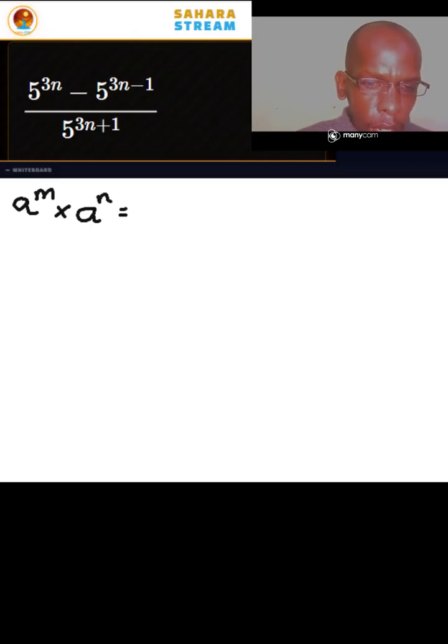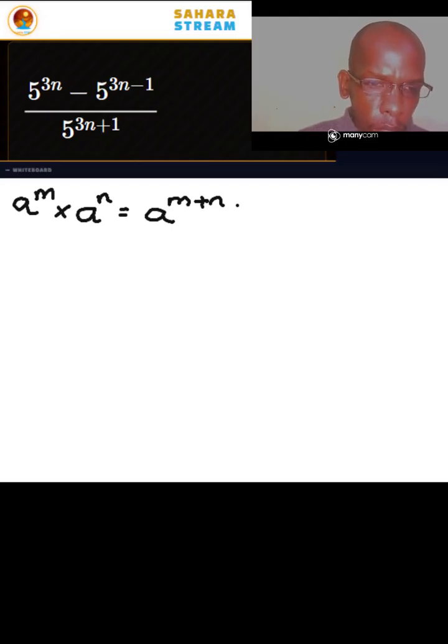This is the same as writing a raised to power m plus n, meaning if we have two bases which are the same but raised to two different powers, you can just take the base, then you add the powers.